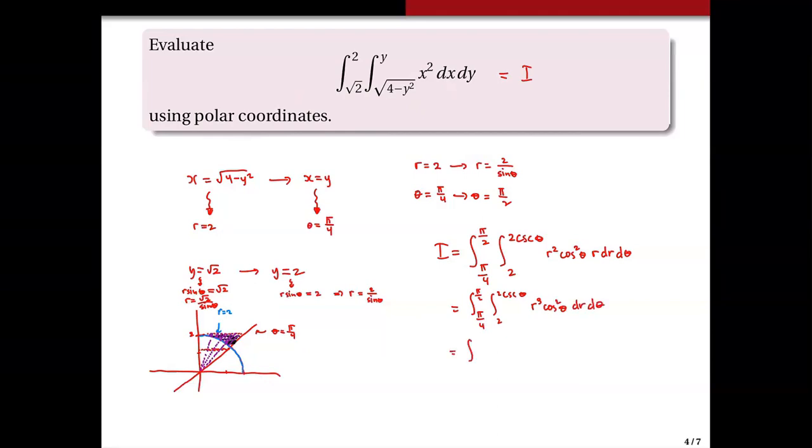So here we have the integral from pi over 4 until pi over 2 of r to the 4 over 4, and then here we evaluate from 2 until 2 cosecant theta. We have your cosine squared theta d theta. So we will have here 1/4 times the integral from pi over 4 until pi over 2.